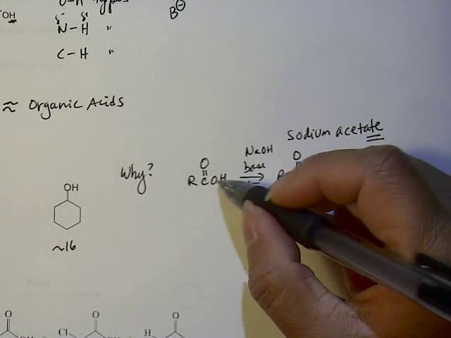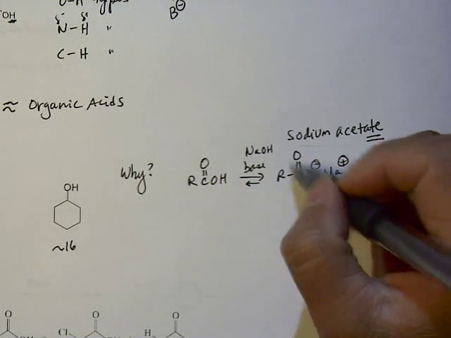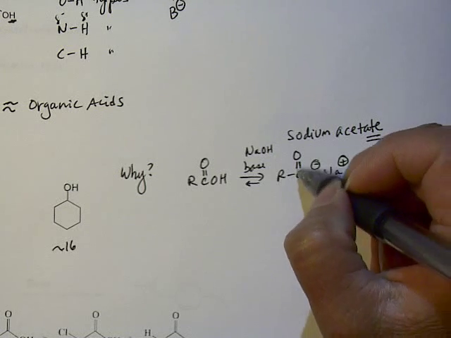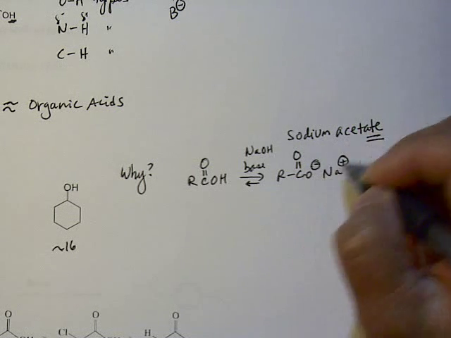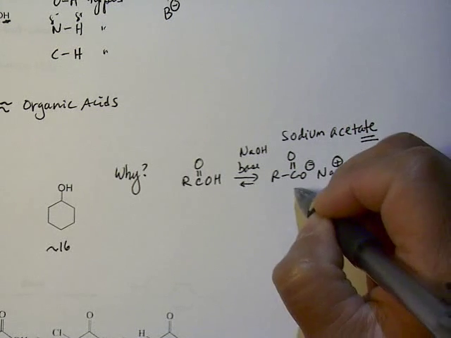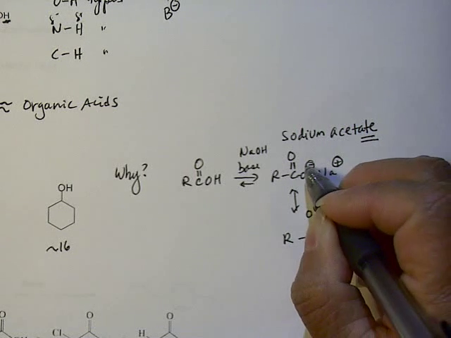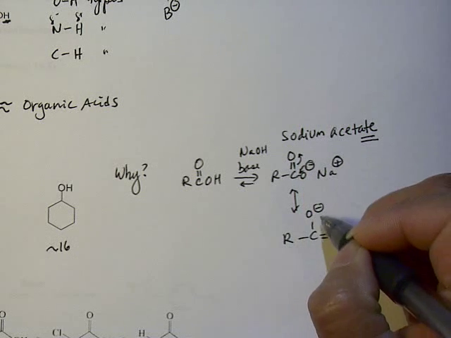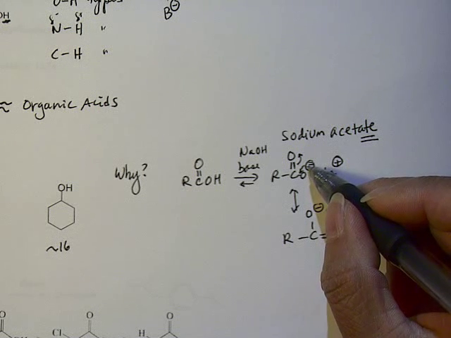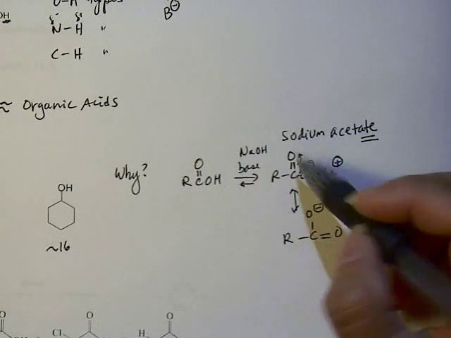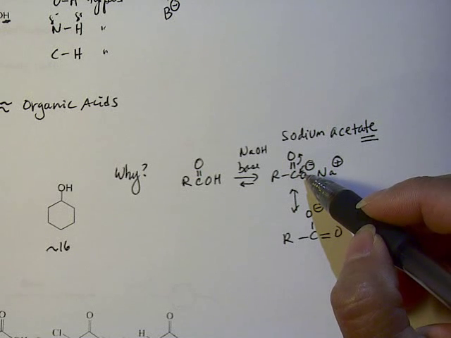you have to look at the equilibrium of, when this proton is removed, how stable the product is. And when you look at this carefully, notice that there are two oxygens sharing the negative charge. So you could draw a resonance structure in which you have the negative charge there and a double bond here. So what does that mean? The negative charge that you created by deprotonating is equally shared between the two oxygens, and you know that the oxygens are electronegative.